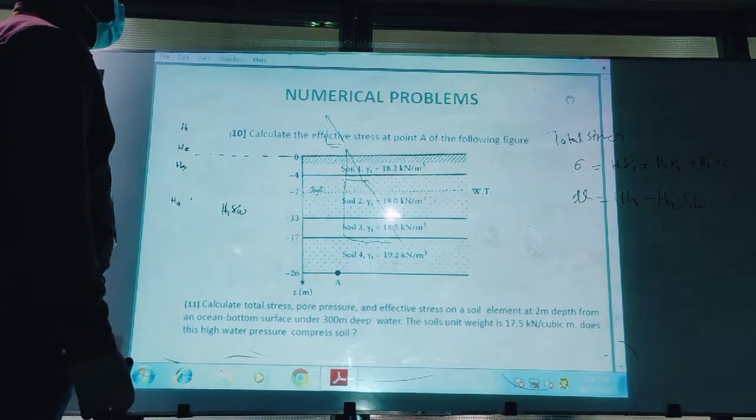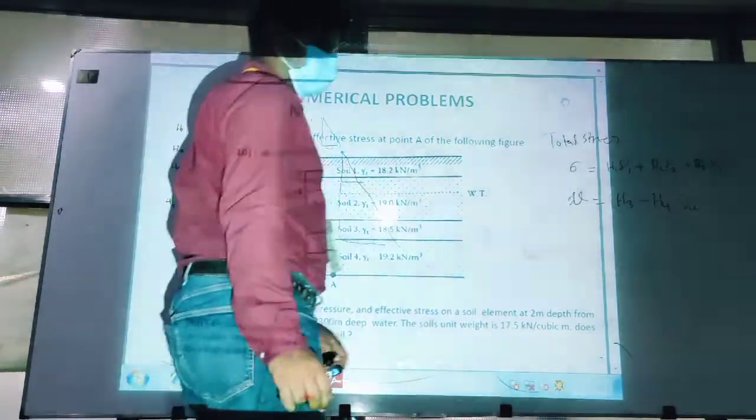Here you can see the problem. Now we will calculate this problem.